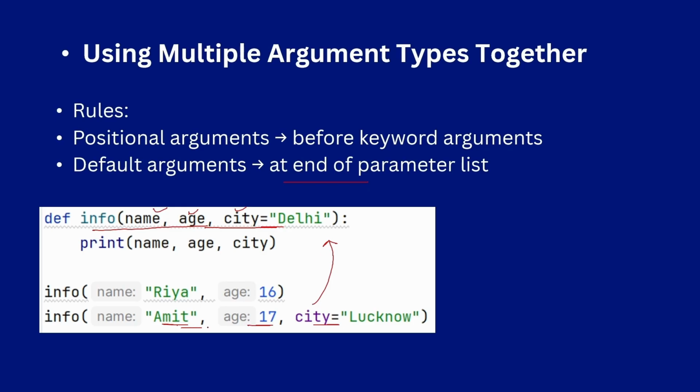So positional arguments are always written first, and in the end we write the default argument or pass the keyword argument. When we had not specified city, it will take the default value, so we don't have to specify it. But if you want to override the default value, then we'll have to pass whatever city we want in the output.